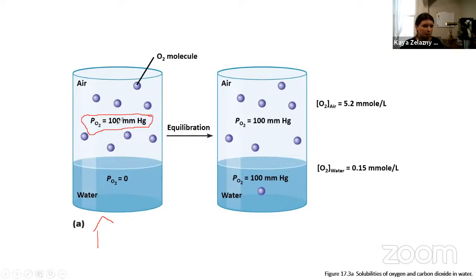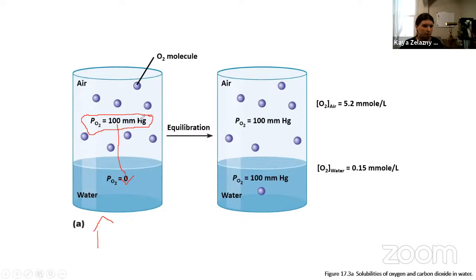So if we have a partial pressure of oxygen of 100 in the air, that's pretty high, especially compared to this partial pressure of oxygen of 0 in the water, because there's no oxygen in there. So oxygen is going to flow towards where there's less oxygen. So it's going to flow into the water. Okay. And it's going to reach equilibrium at some point.